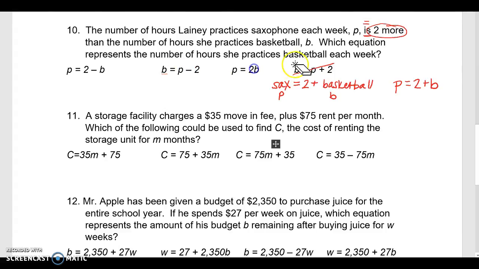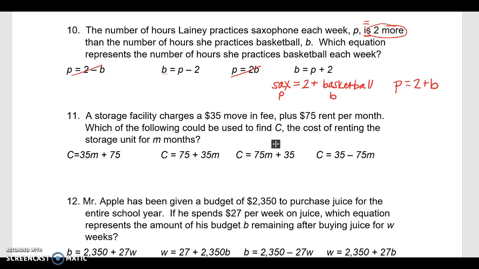Okay, let's look again. So we're not just multiplying 2 times something, right? We're adding it. And then P2 minus B, I'm not subtracting B. So they both have B on the other side of the equation.